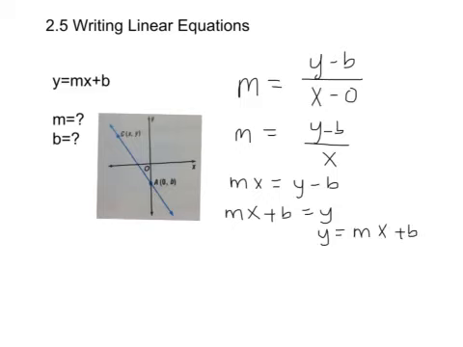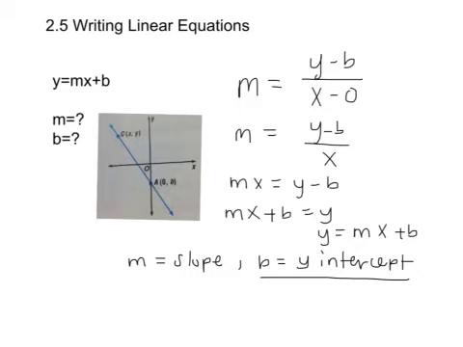We can rewrite this equation as y equals mx plus b, which you should recognize is now in slope-intercept form. So if we know that we found our y-intercept when x equals 0, we can say that the equation y equals mx plus b is the equation of a line where m is the slope and b is our y-intercept.